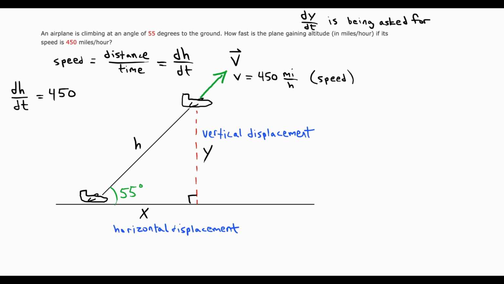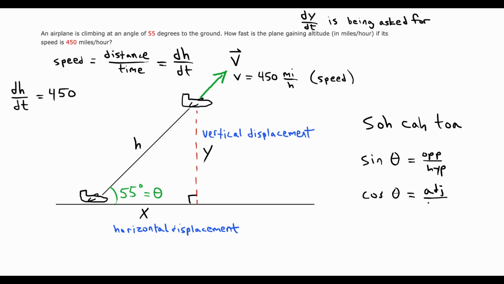So this angle here is given. If we use a little bit of trig, we have the SOHCAHTOA idea, where the sine of an angle is the opposite over the hypotenuse, cosine of the angle is the adjacent over the hypotenuse, and the tangent of the angle is the opposite over the adjacent.